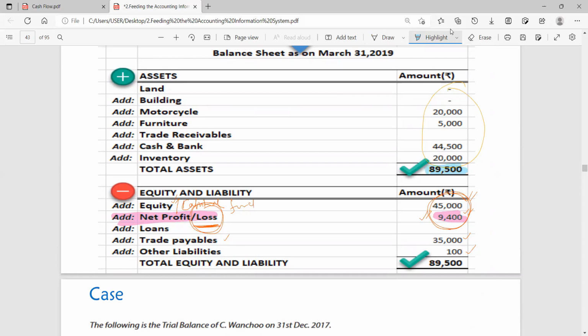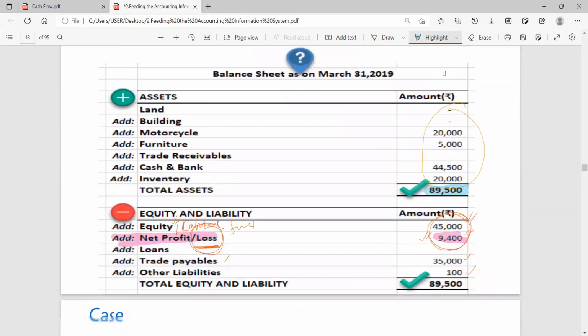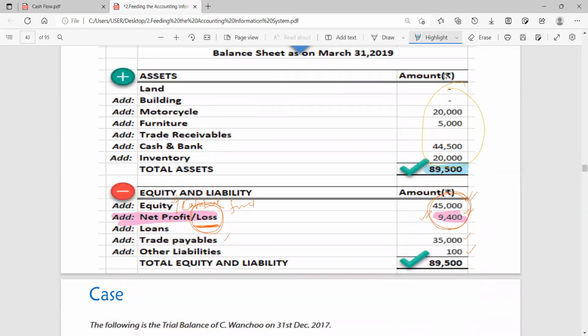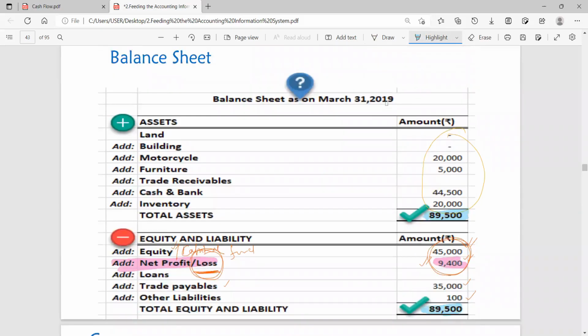So we see our balance sheet total is coming around 89,500, and the liability and equity side total is also 89,500. So this is how we prepare the financial statement of a non-company business.